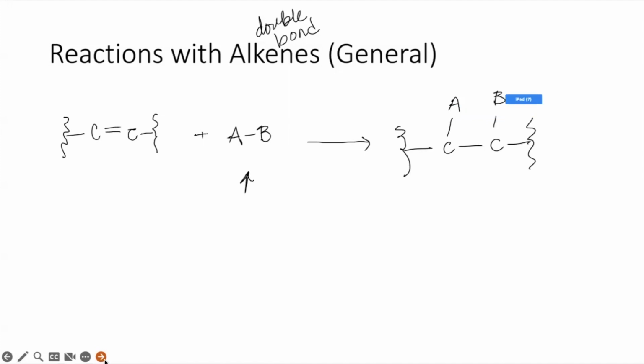It's going to align or put itself onto the structure. So it's going to break apart and put A on one carbon, B on the other carbon. Again, remember there's these implied hydrogens. All right, so that's generally what's happening. Something comes in contact, it breaks apart that double bond and puts itself on the structure.